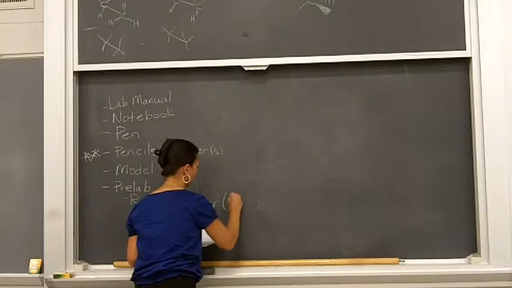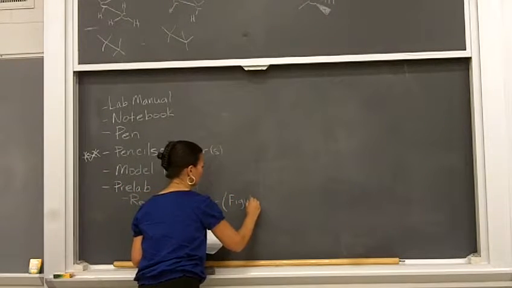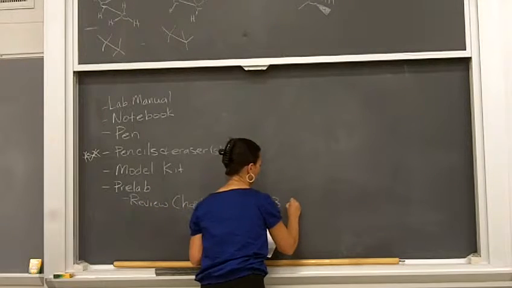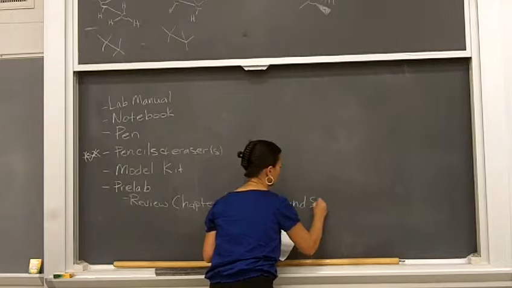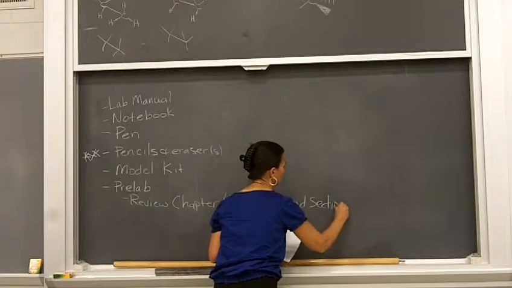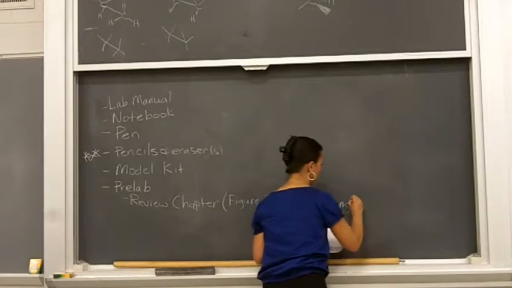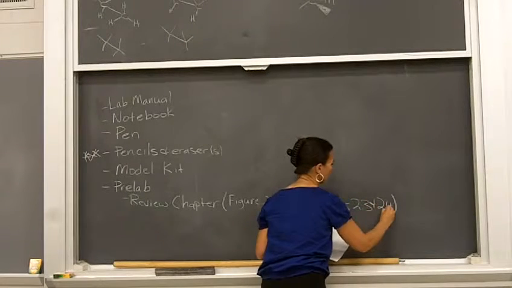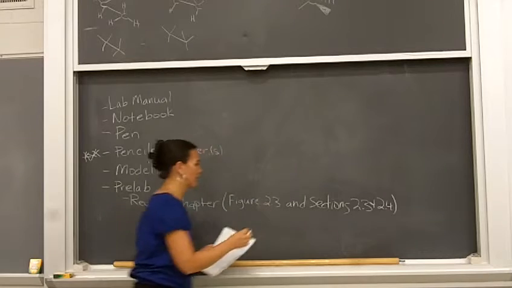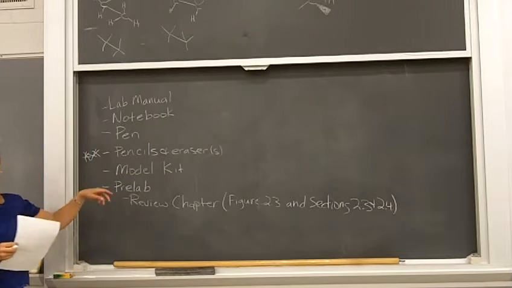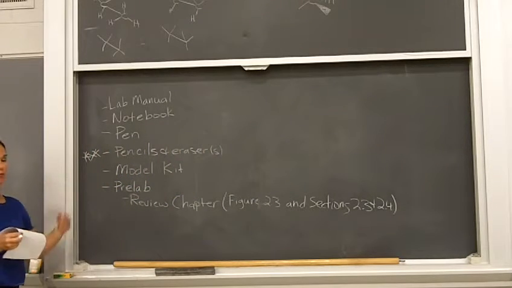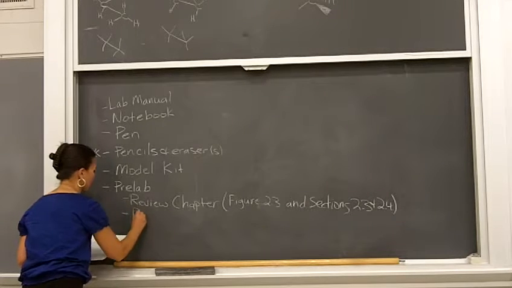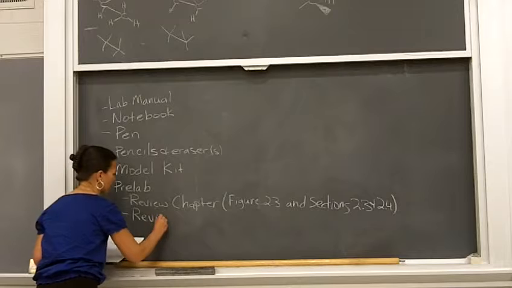So you want to look at figure 2.3, and then sections 2.3 and 2.4, and bring your McMurray with you because there's some questions in the experiment that pertain to what's in your actual textbook. And then you also want to review chapters 3 and 4.